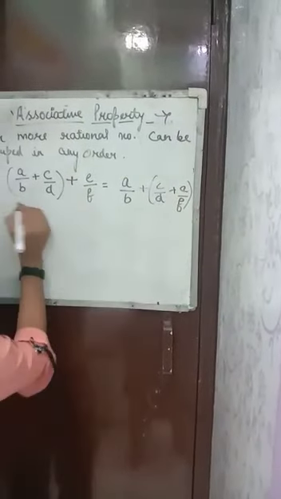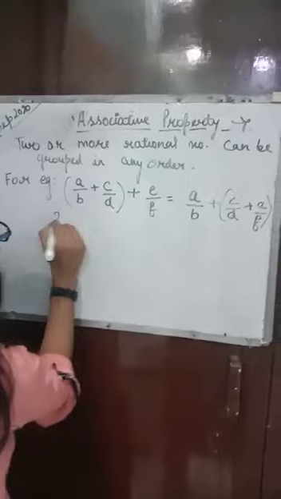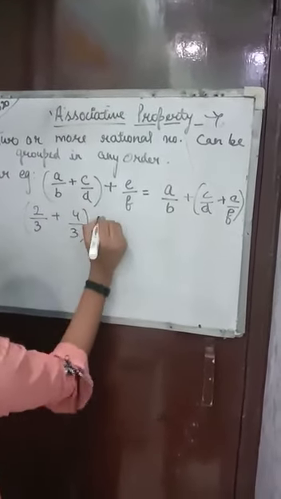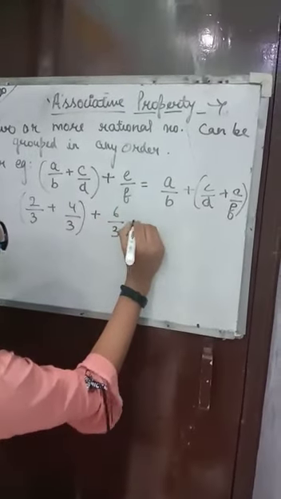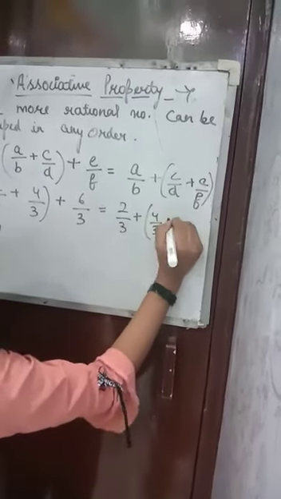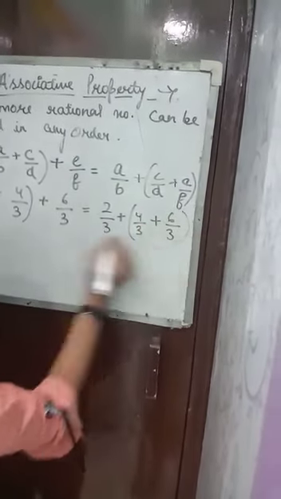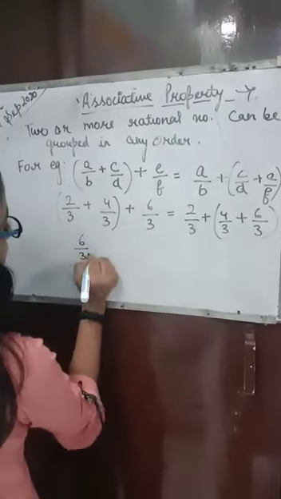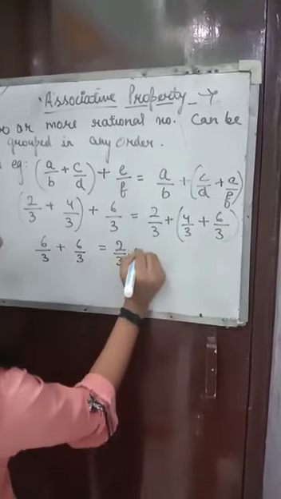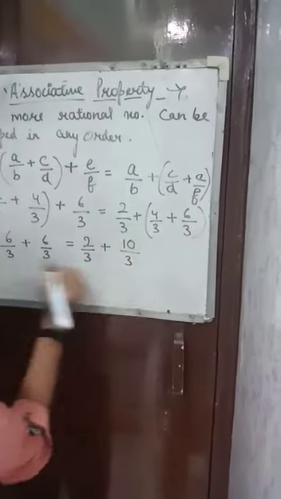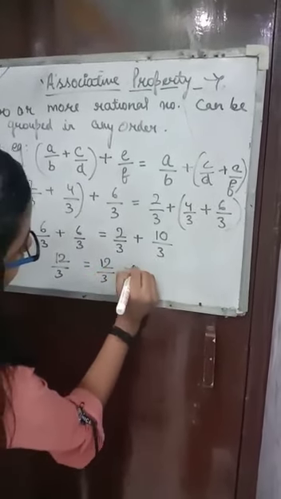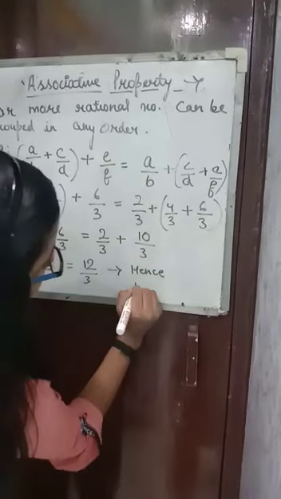A numeral example like (2 by 3 plus 4 by 3) plus 6 by 3 is equal to 2 by 3 plus (4 by 3 plus 6 by 3). 6 by 3 plus 6 by 3 is equal to 2 by 3 plus 10 by 3. 12 by 3 is equal to 12 by 3. Hence, proved.